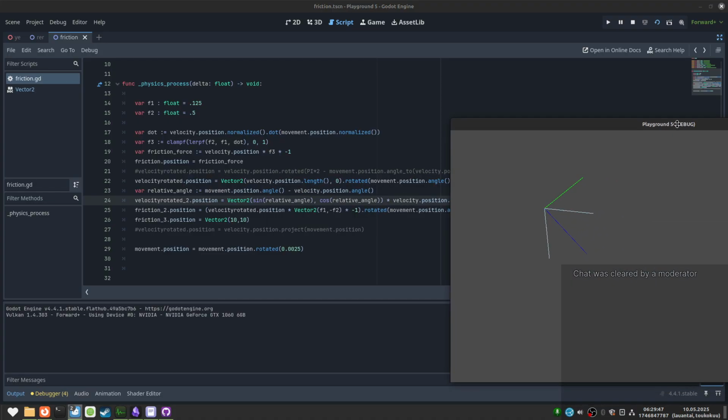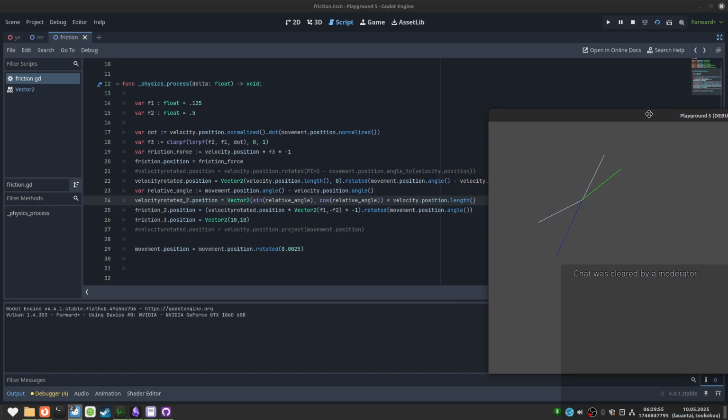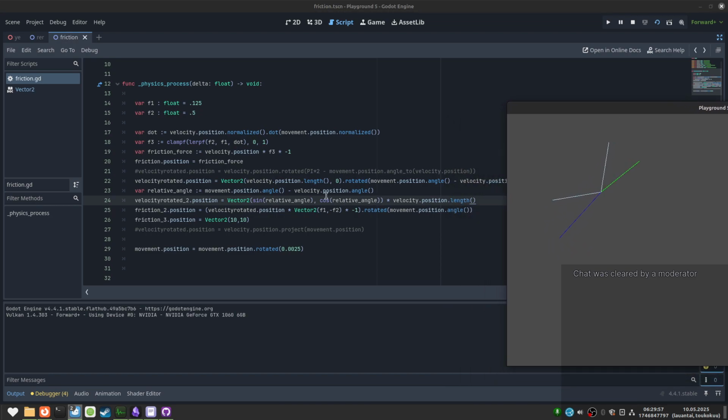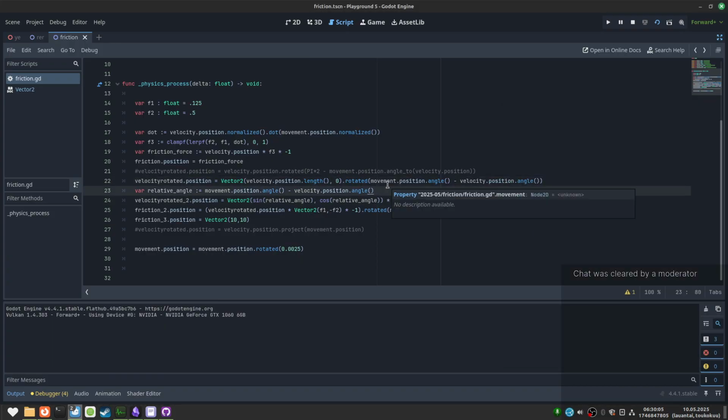Almost. It's reversed now. It is basically this, right? Either I need to have this be negative, or do I need to switch the sign in the cos? I think it needs to be negative. So turn these around.